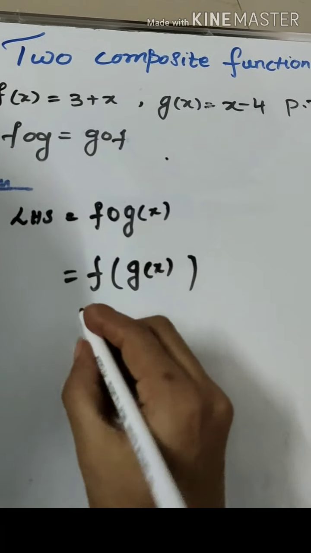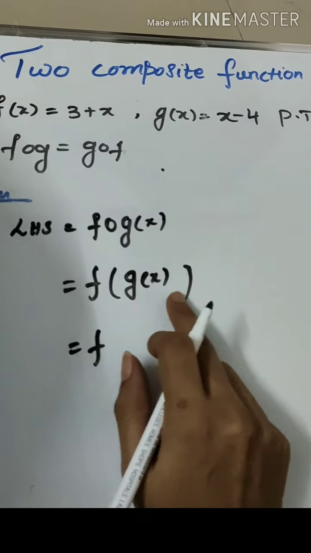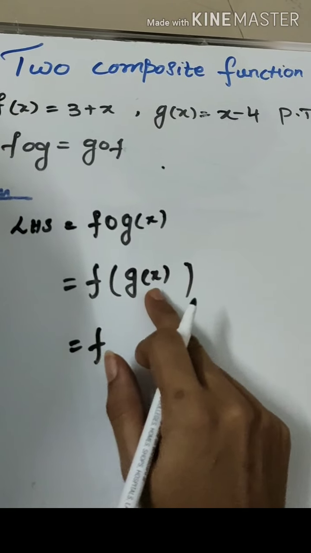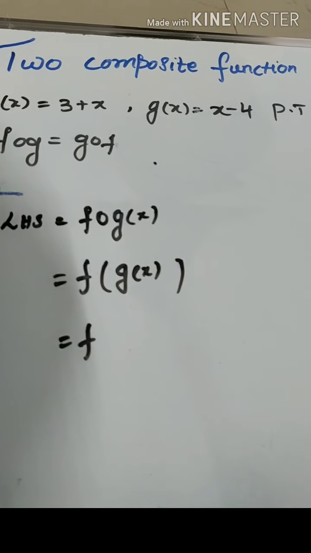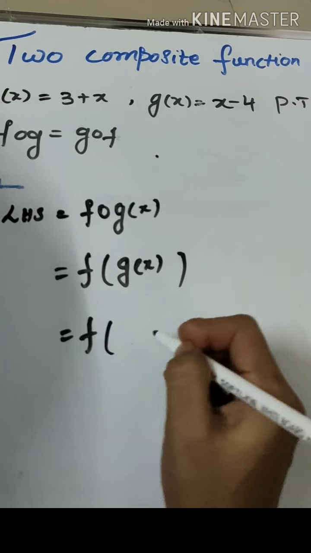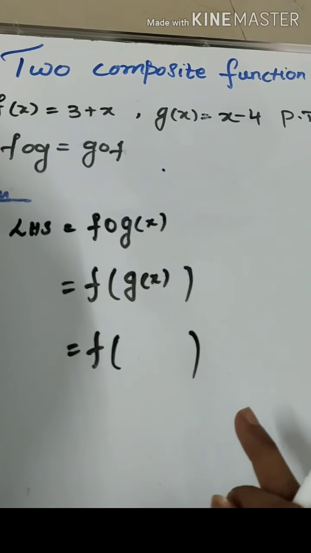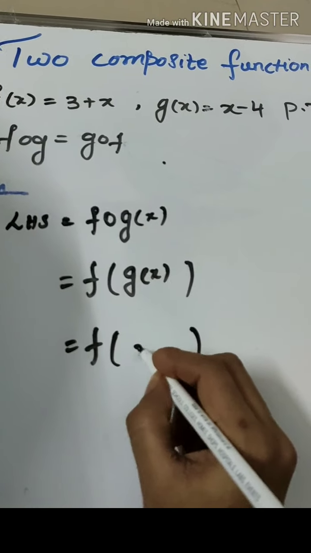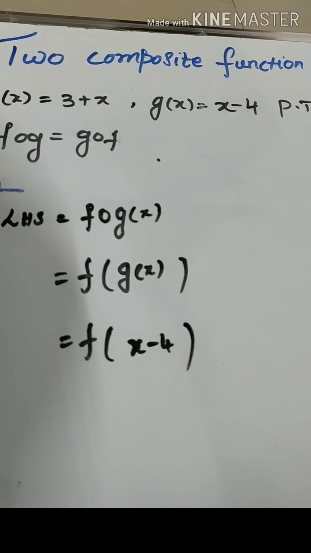And third step, what is our inside function? This is the inner function and this is the outer function. What is our inner function? g of x. Instead of g of x, we can write the value of g of x as x minus 4.